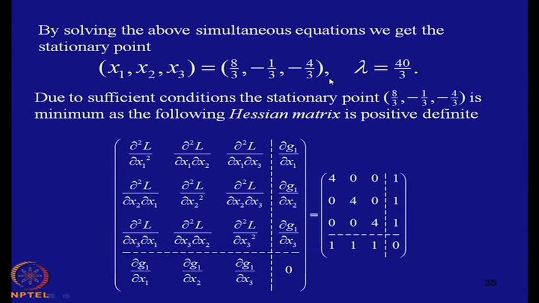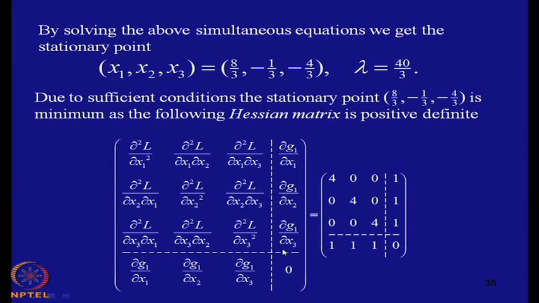Now we need to check whether this optimal value is the minimum or not. For that we need to construct the Hessian matrix. For 4 variables, this is the corresponding Hessian matrix for us. This corresponds to the matrix M as I referred to before, and this is the matrix of size 3 by 1.